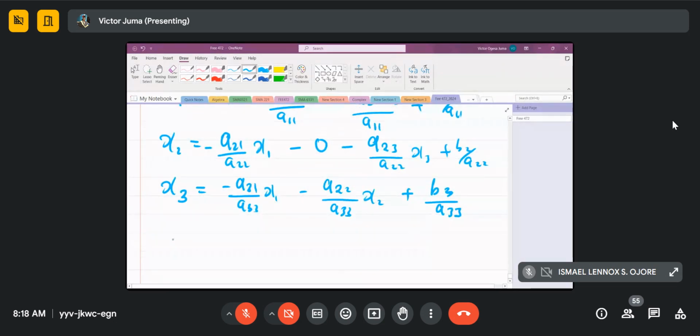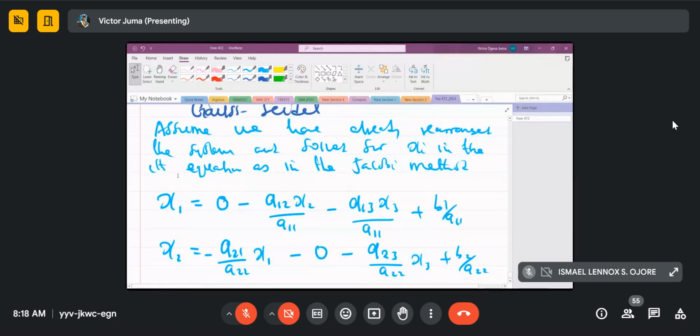So starting from the initial condition, for example x1(0), x2(0), and x3(0), we plug in. We plug this into the first equation.